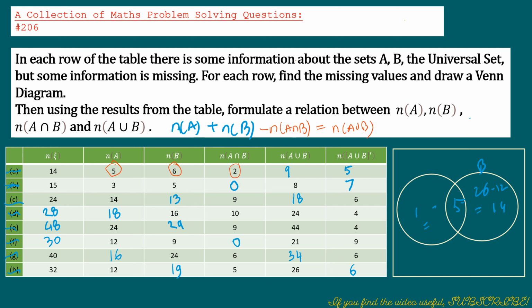So the relation that you can come up with is, you can simply write this relation, this is as good, but then we can put the n(A intersection B) to the right side and therefore we can write n(A) plus n(B) equals n(A intersection B) plus n(A union B). That is that relation they are looking for, and that's n(A) plus n(B) equals n(A intersection B) plus n(A union B). So that's the answer.